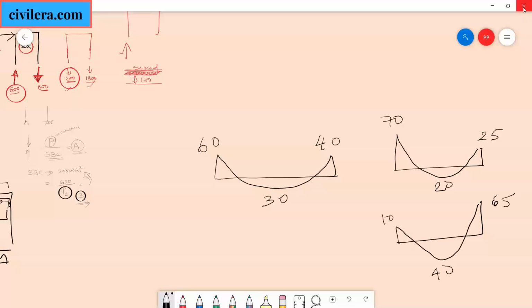Now, when you design the central section, you have to take the maximum moment, so this is 40. When you design the left end, you take the maximum 70. And when you design the right end, you take the maximum 65. Like this 26 combinations are there. You have to design for the worst case. That's our interest.